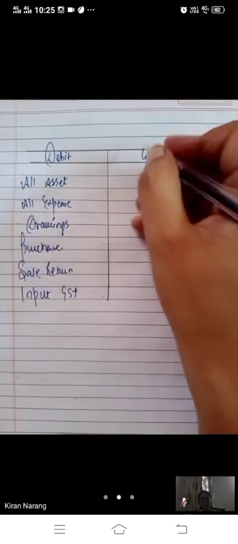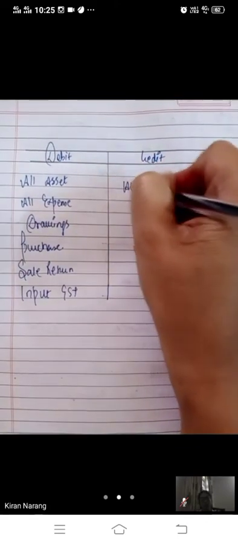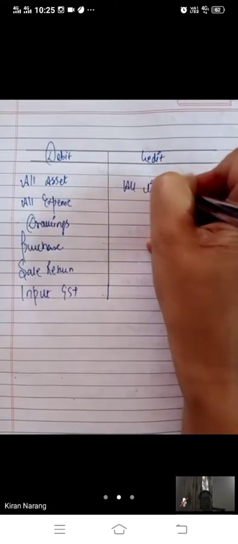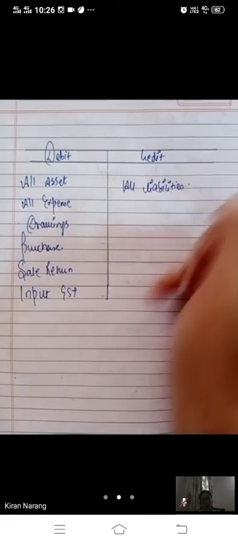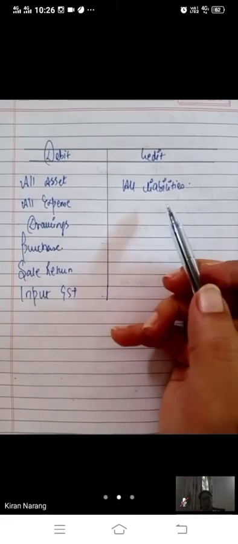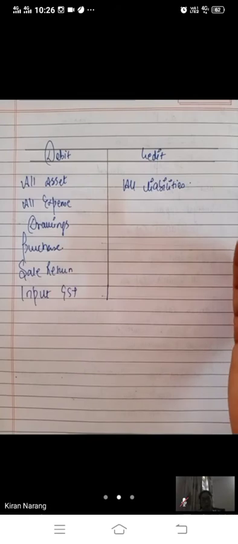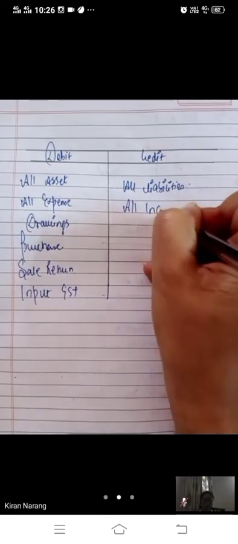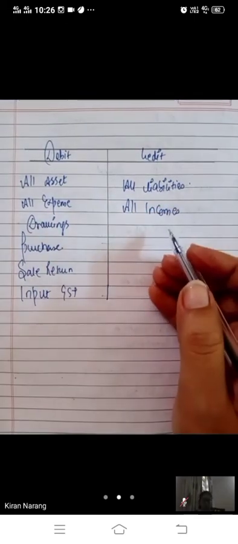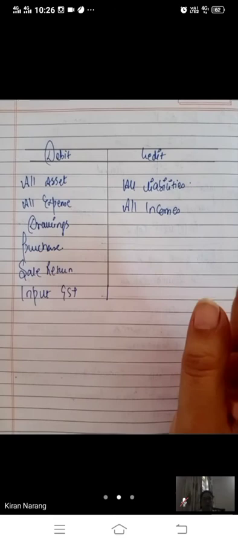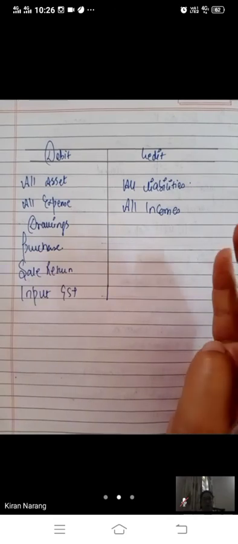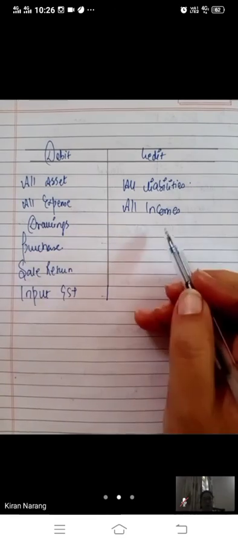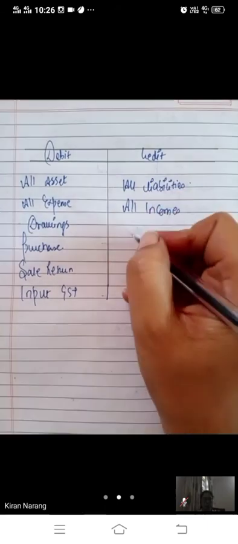Then, bache, on the credit side, you will write all the liabilities. Creditors, bank overdraft, BP, every liability will be recorded on the credit side. All incomes, meaning rent received, interest received, commission received, discount received, all the incomes will be written here.